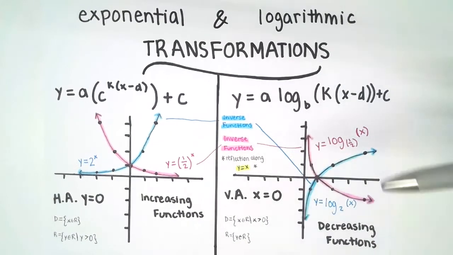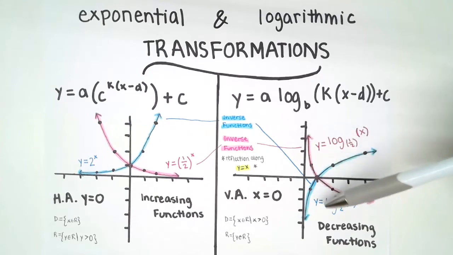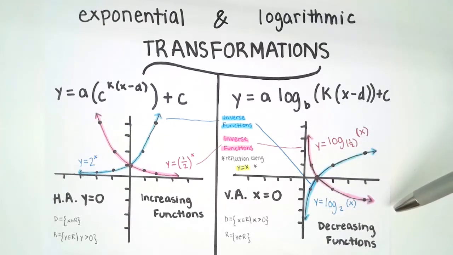And as you can see, this blue graph here is increasing, and the pink one is decreasing. So you may notice that both the blue ones increase and both the pink ones decrease. And you can tell whether they're increasing or decreasing from going from left to right. Okay, so you go from negative infinity to positive infinity, and depending where the y values are, you can determine whether a function is increasing or decreasing.